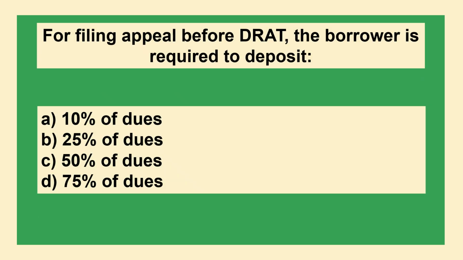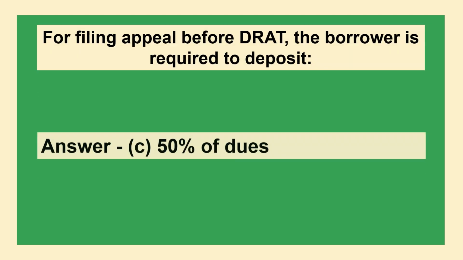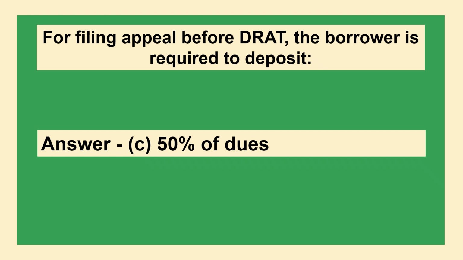For filing appeal before DRAT, the borrower is required to deposit option A, 10% of dues, option B, 25% of dues, option C, 50% of dues, option D, 75% of dues. The answer is option C, 50% of dues.